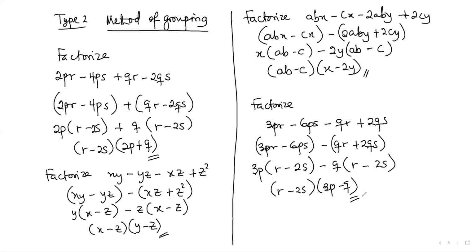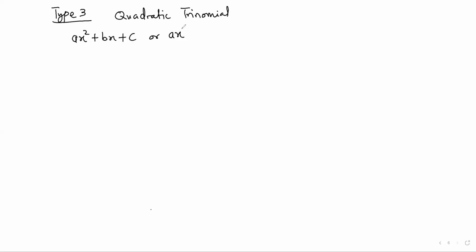Okay. We move on to type 3. So in type 3, it's called a quadratic trinomial or expression. And a quadratic trinomial is of the form ax squared plus bx plus c.